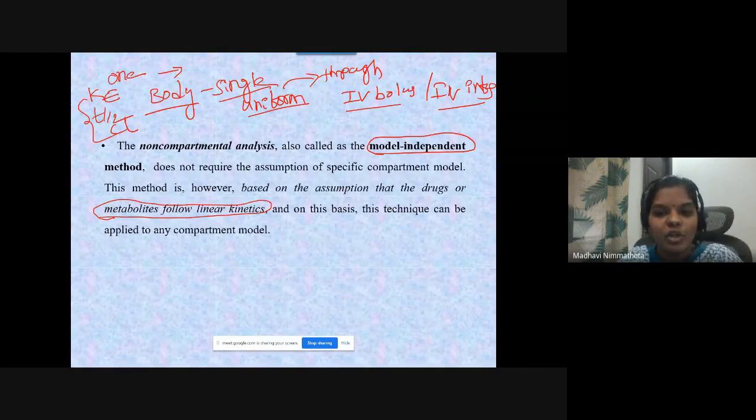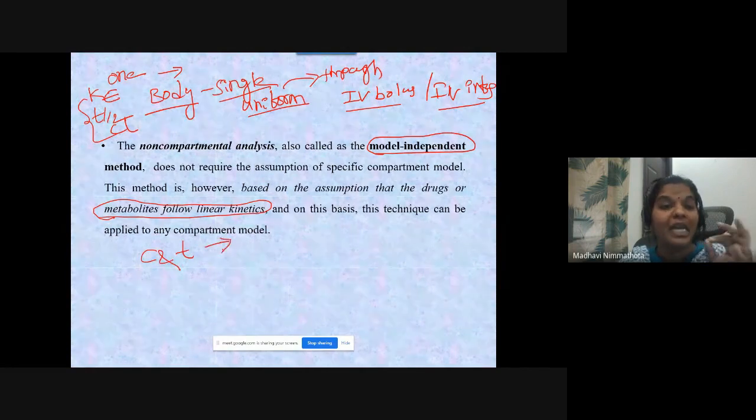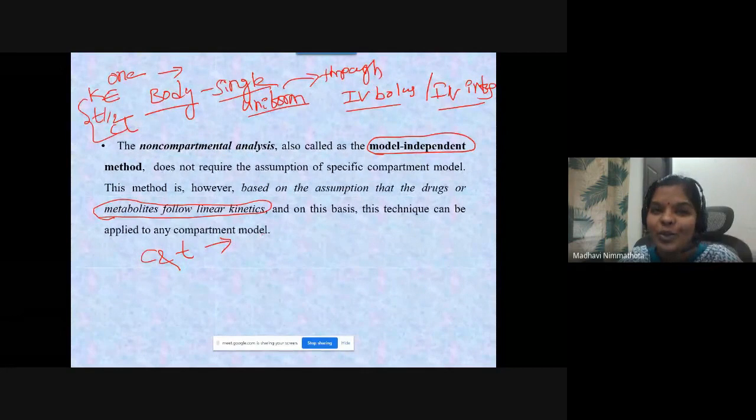It absolutely follows the drugs or metabolites that follow linear pharmacokinetics. That means the relationship between the plasma drug concentration and the time should be linear. On this basis, we are going to analyze the pharmacokinetic data for our drug.